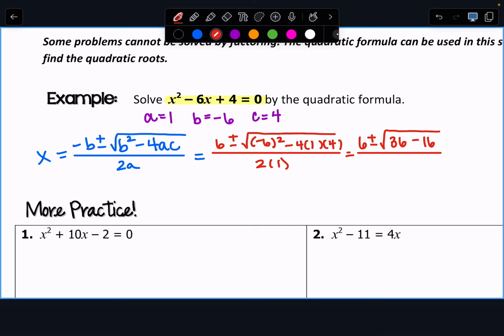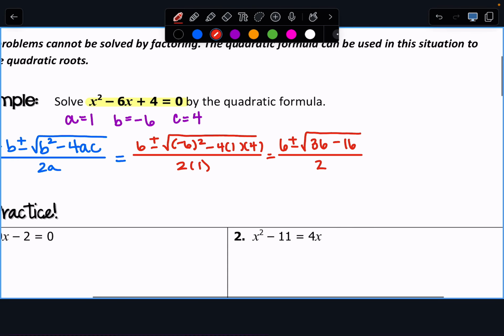And then 2a is going to give me 2 in the denominator. What is 36 minus 16? So we have 6 plus or minus the square root of 20 all over 2.